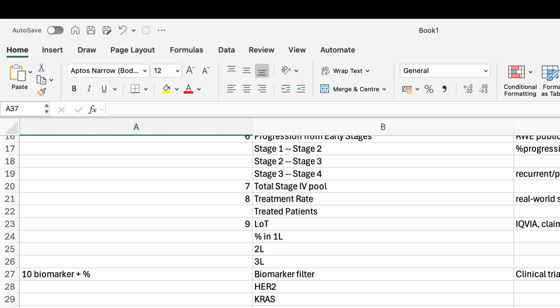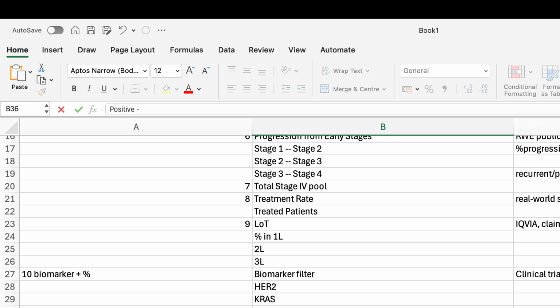If the data is positive, then we would say it can have faster uptake. If the data is moderate, then it can have slower uptake.